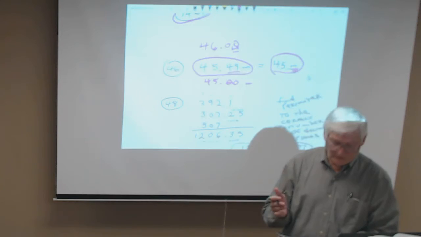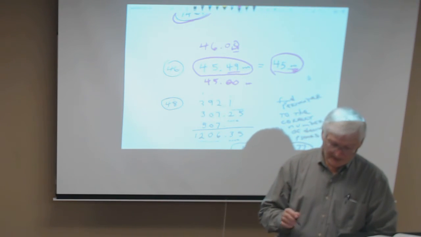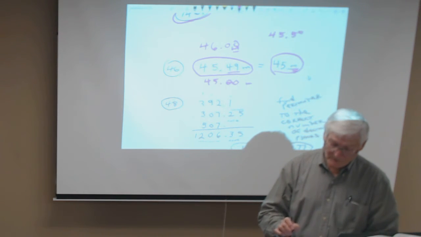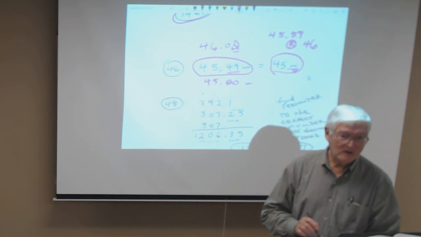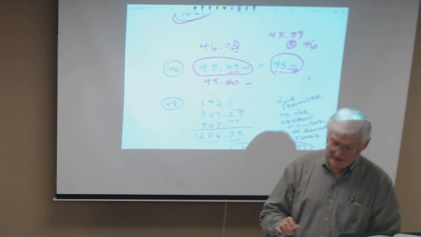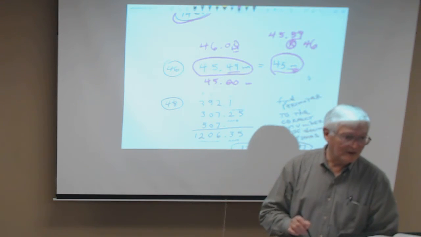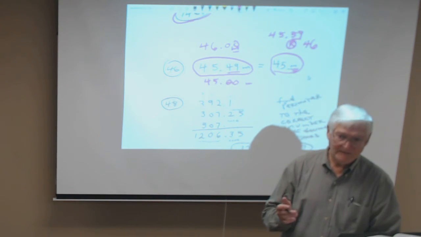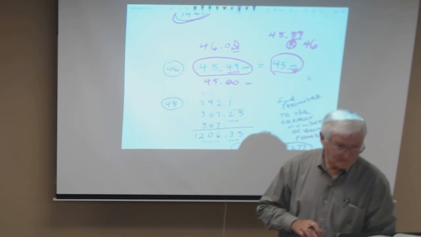You remember your rules for rounding? If this would have said 45.59, what would it be when I rounded it? It'd be 46. Everybody see why? Because this 59 is more than halfway to the next number. Does that make sense to everybody? Good. Questions?